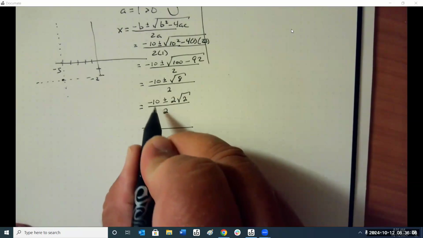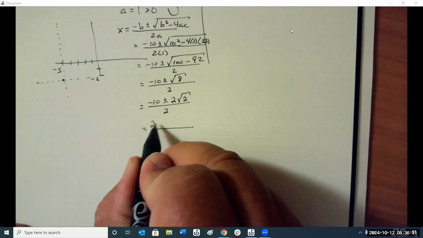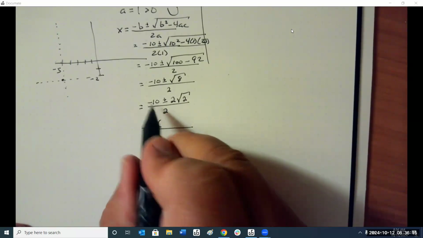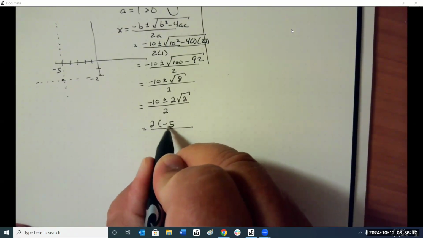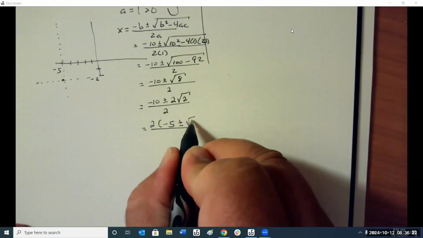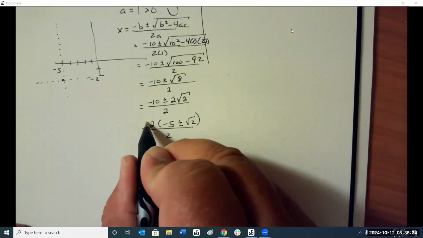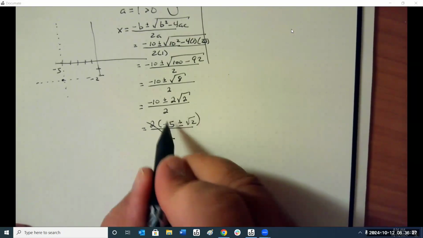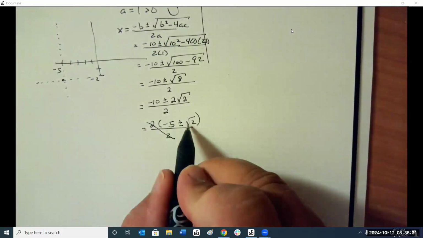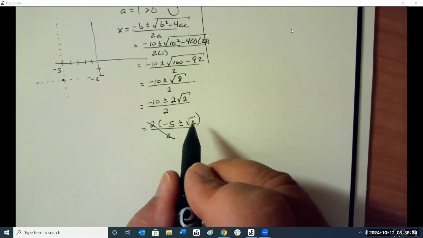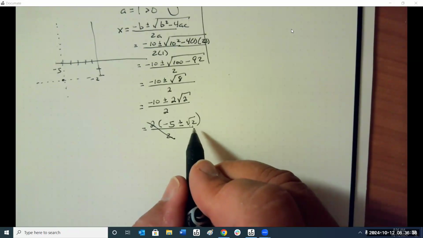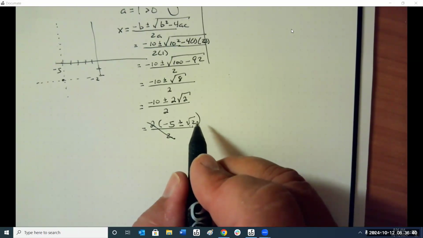On top, 10 and 2, they both have a 2 in common, so we can take that out. So 2 goes into -10, -5 times. And take out the 2, so it's radical 2. Those cancel, so these are my x-intercepts: -5 plus or minus radical 2. Radical 2 is just a little bit bigger than 1, because the square root of 1 would be 1 and the square root of 4 would be 2.